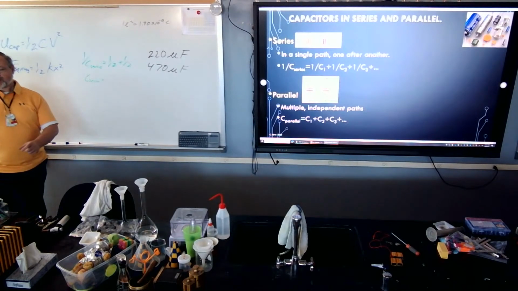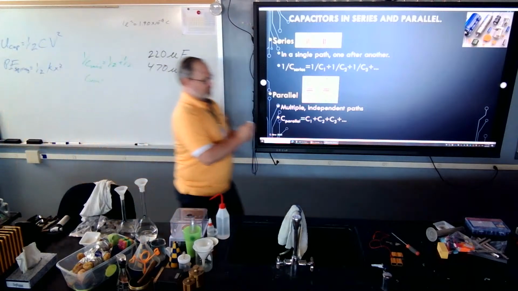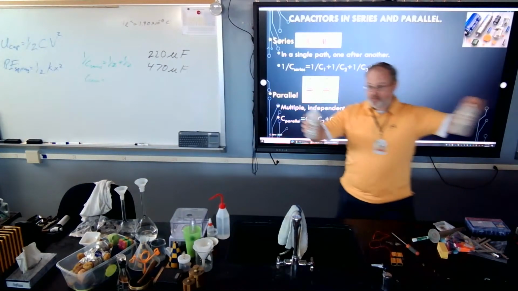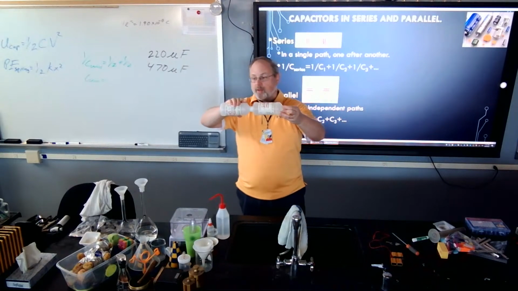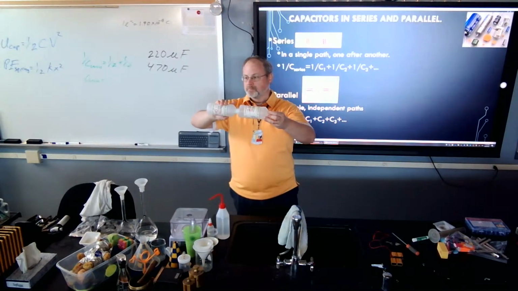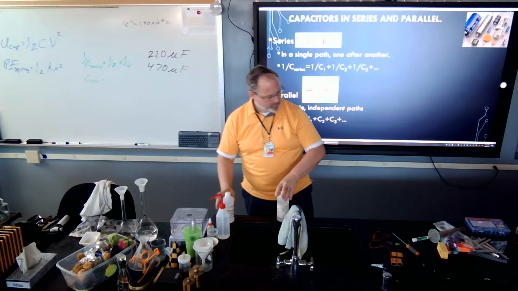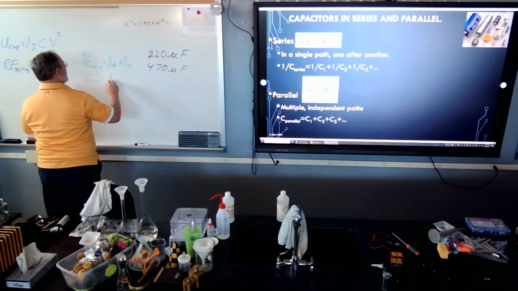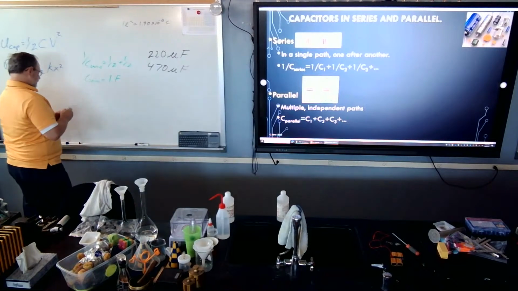So this 2 farad capacitor is connected to this 2 farad capacitor. What's the actual capacitance value? 1. Yeah. So if you have capacitors in series, the overall equivalent capacitance is 1 farad.